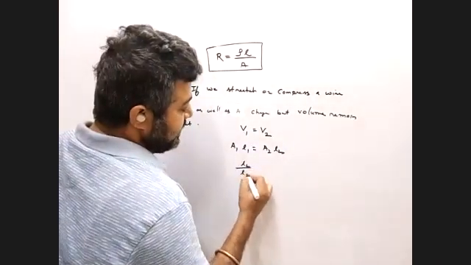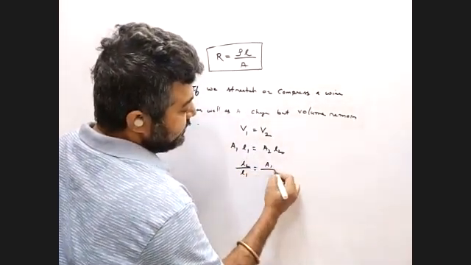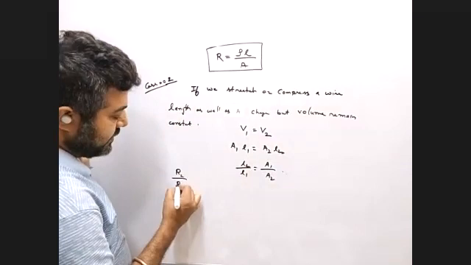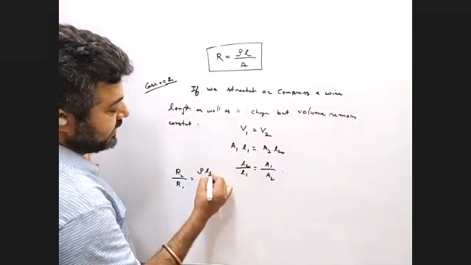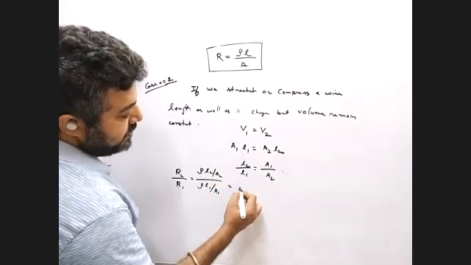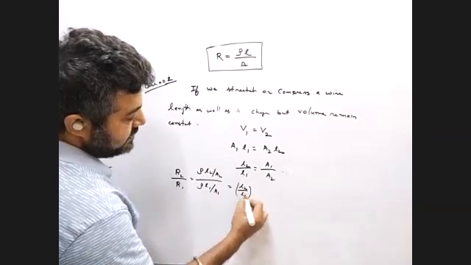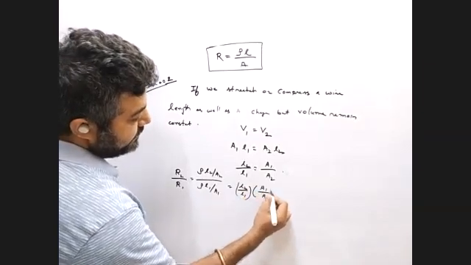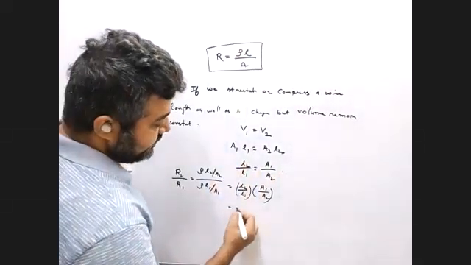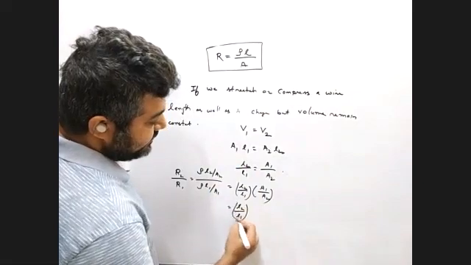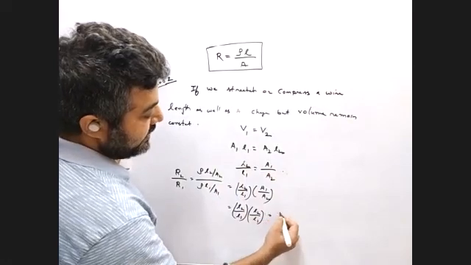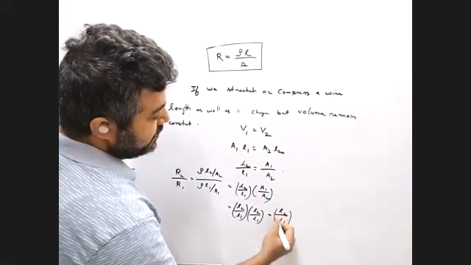So L2 by L1 is A1 by A2. So R2 by R1 is rho L2 by A2 over rho L1 by A1, which is L2 by L1 times A1 by A2. Now A1 by A2 is L2 by L1, so we have L2 by L1 whole square.